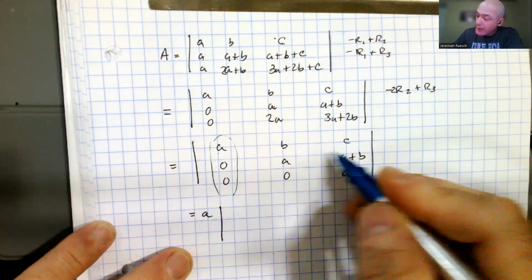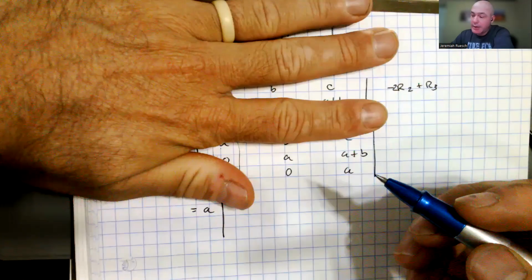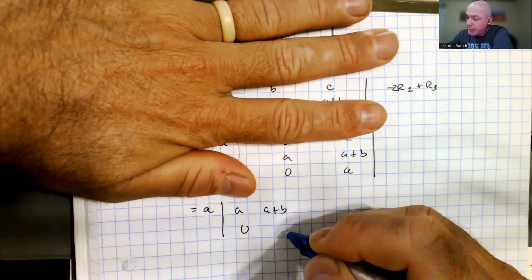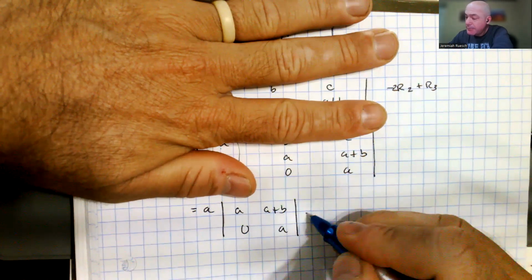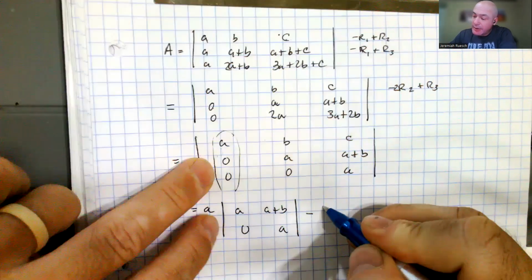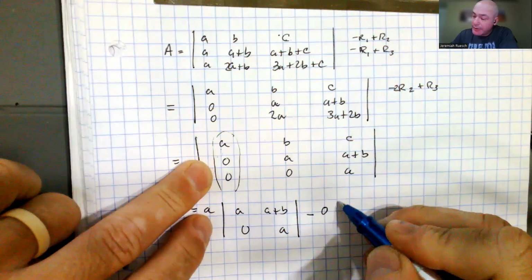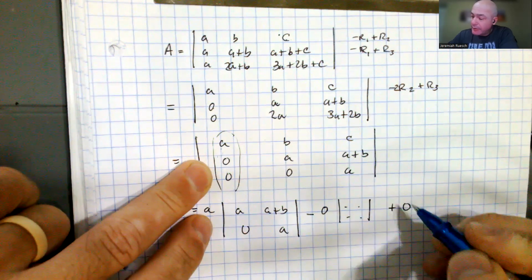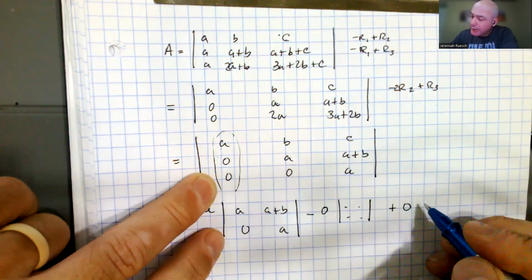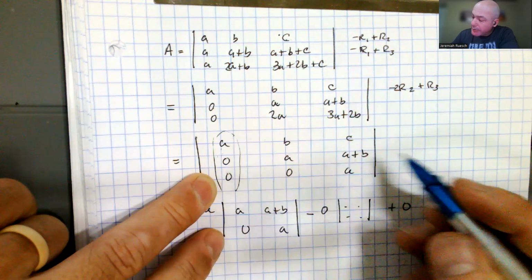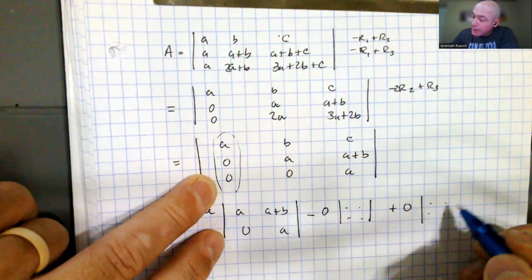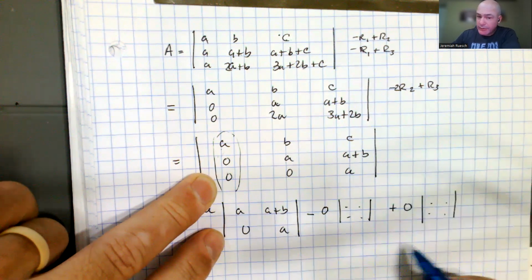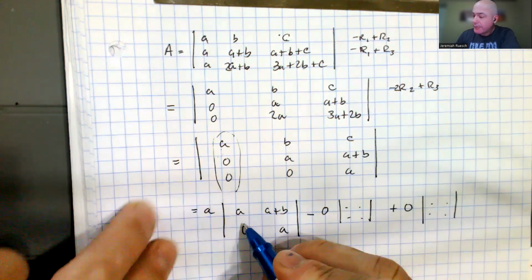And if I look just at this submatrix right there, I have A plus B times 0, and minus, and because the second element is 0, I don't have to worry about what this matrix looks like because it's going to be multiplied by 0, and then plus 0 for this third element in the first column of A. And again, I don't really care what those elements are because they're getting multiplied by 0. So all of this term is 0, and the only thing I'm left with is the small determinant here.